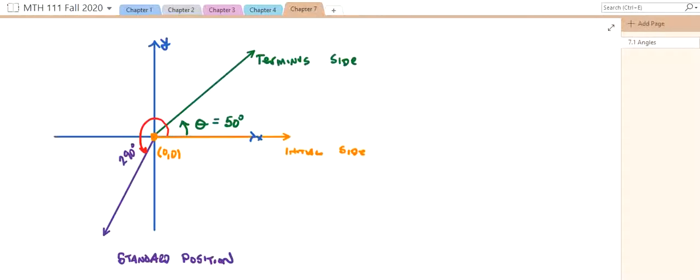And we did this before, we'll do it here again. We can label these. So anything that's in this first 90 degrees is in quadrant 1. Anything over here past 90 degrees to 180 degrees is in quadrant 2.